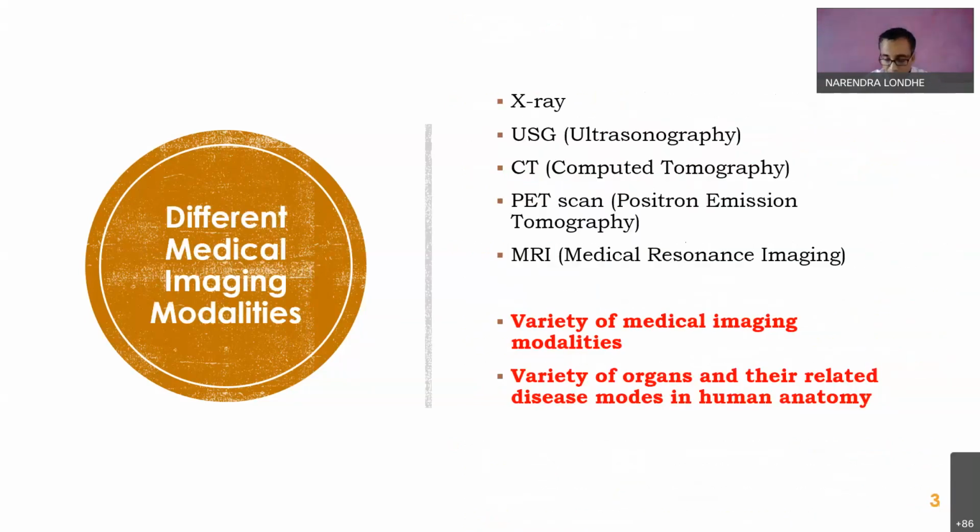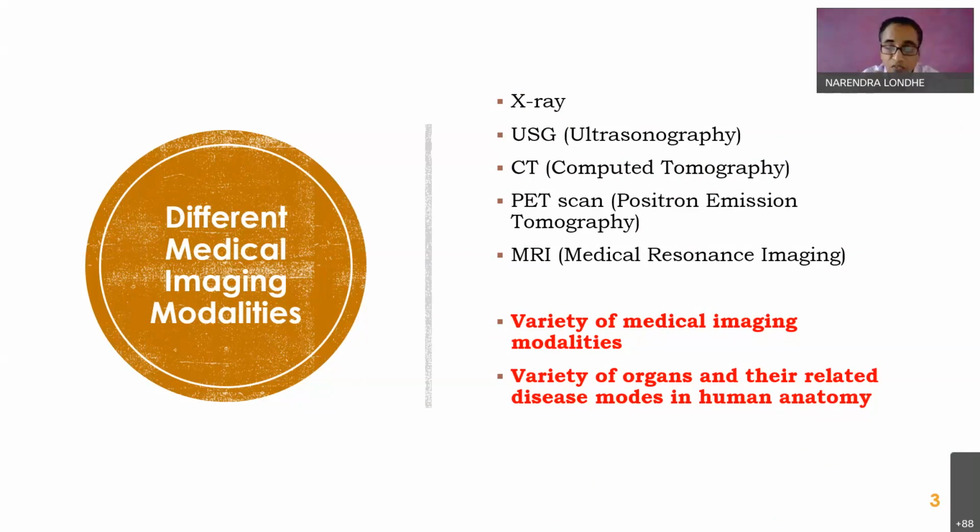Okay, and these are some of the imaging modalities that you all know: X-ray, ultrasound, CT, PET scan, MRI. Now what is the difficulty here? First thing is that because of the variety of these medical imaging modalities, one thing is very clear, that we cannot design any one single solution for all the medical imaging modalities. Second thing is the variety of organs: kidney, liver, heart.